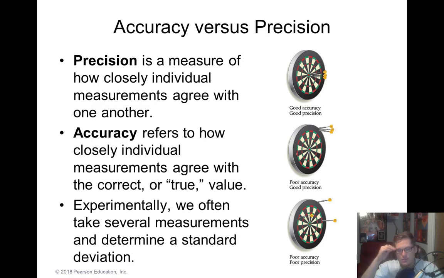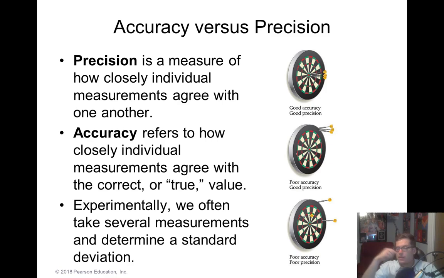Now, accuracy versus precision. This should be a double review. In Chemistry, we talk about it. In Physics, we talk about it. In Chem 2, we talk about it again. Precision is a measure of how closely your measurements agree with one another. If I stand on my bathroom scale and it tells me that I weigh 200 pounds every time I stand on it, then that thing is very precise.